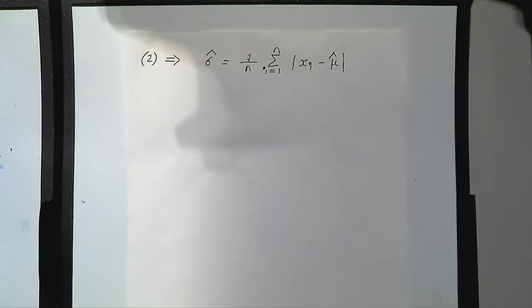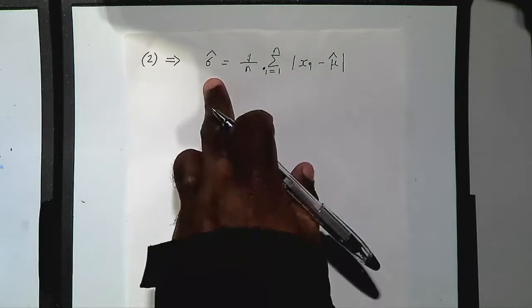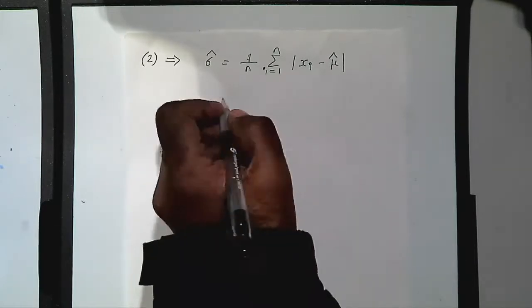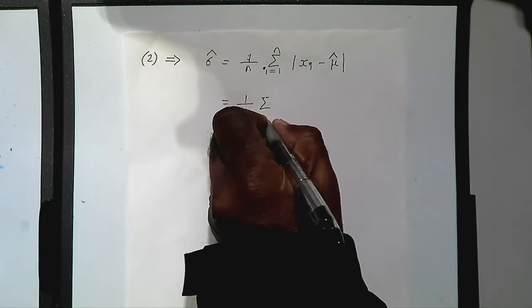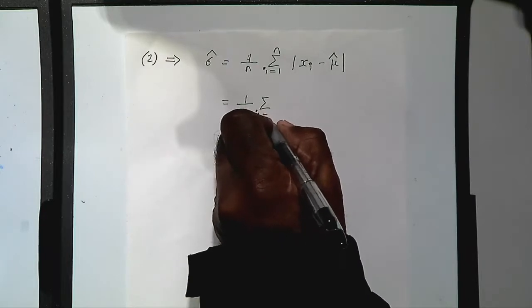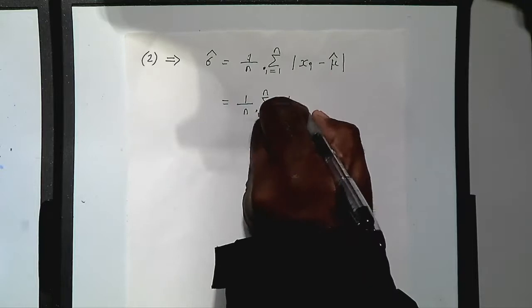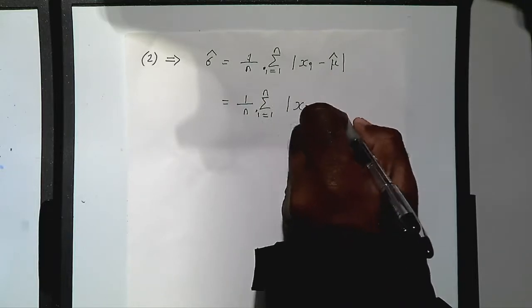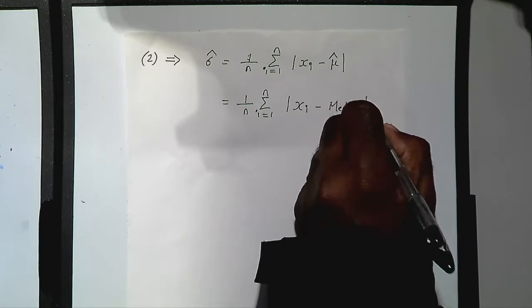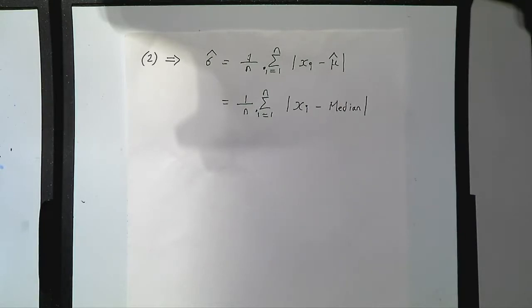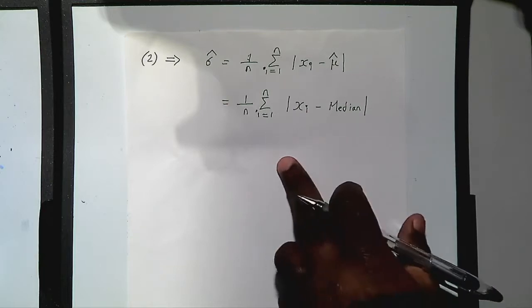Okay, equation 2 implies this. So if you solve this equation for sigma, this is what you get, right? So this, you can write it like this, right? So we have solved the two equations. The solution for equation 1 is the median, and the solution for equation 2 is this guy here, right?